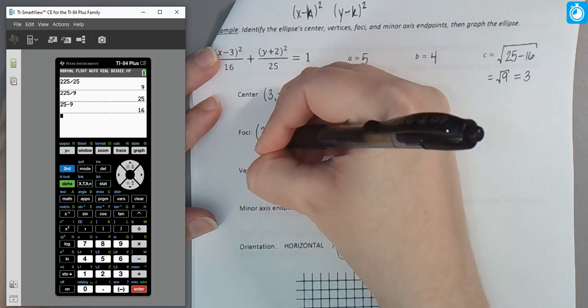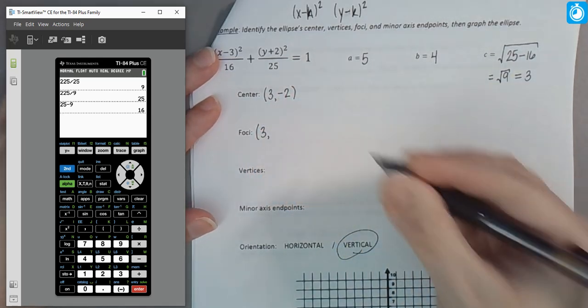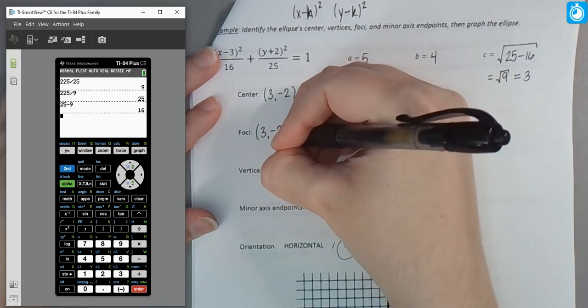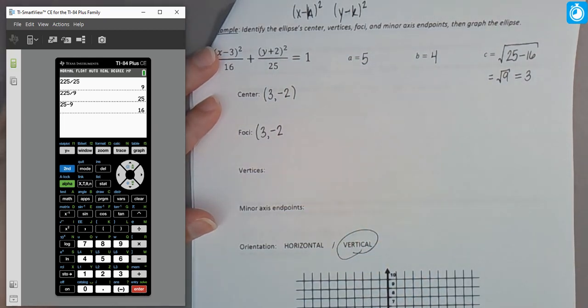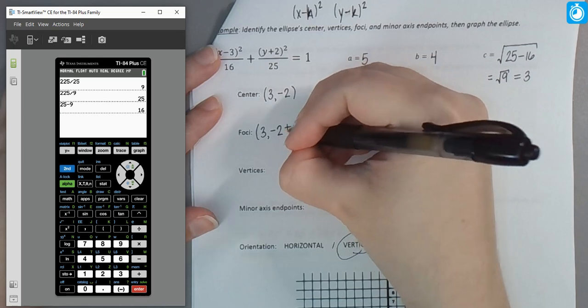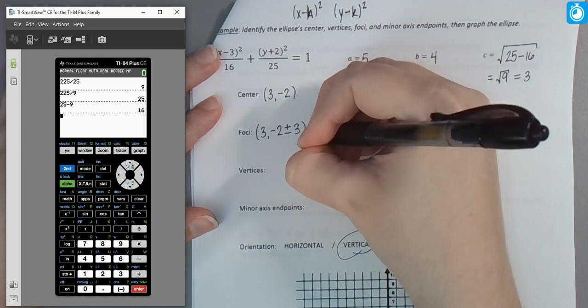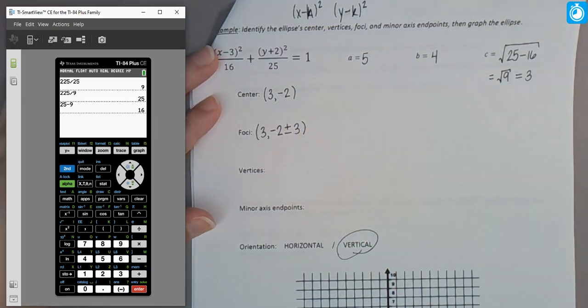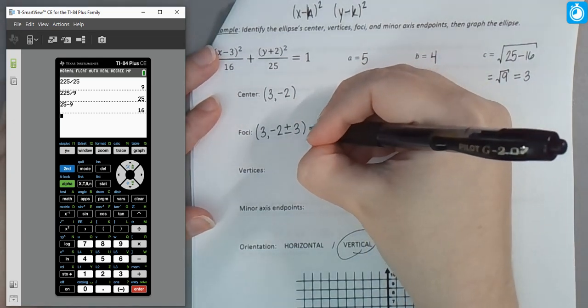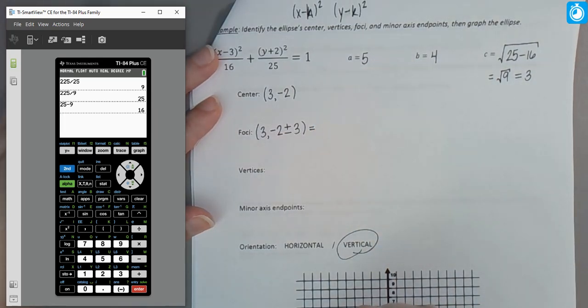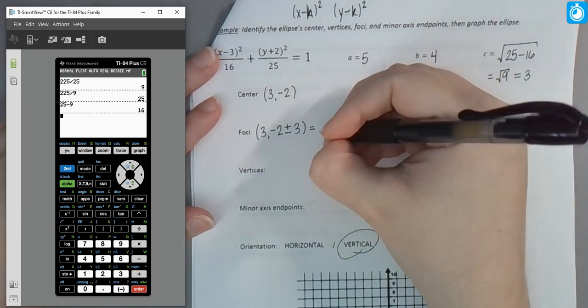We're going to hold the x coordinate constant, and then from the y coordinate at the center, we're going to both add and subtract our value for c. And so those two different y values we get from doing that, those represent the locations for our foci. And so by writing it in that way, we then can break it up and find the two individual points.